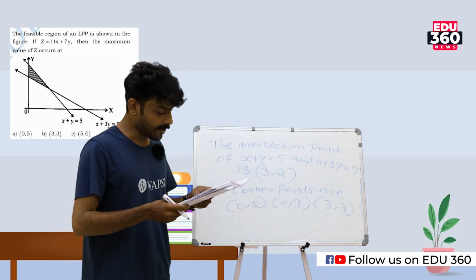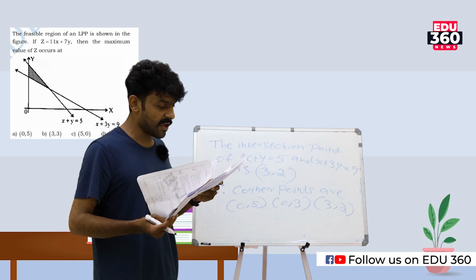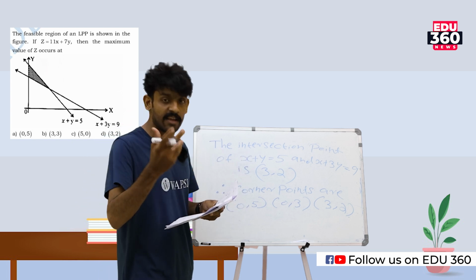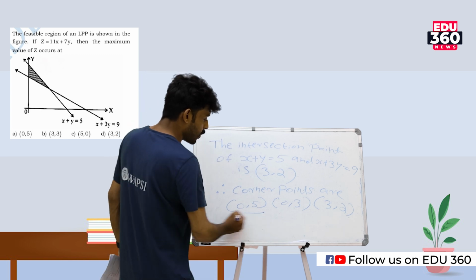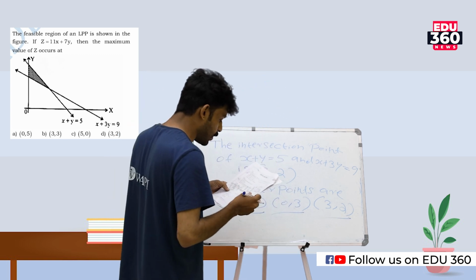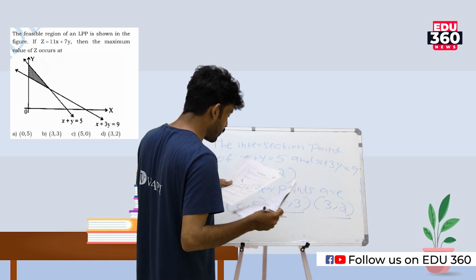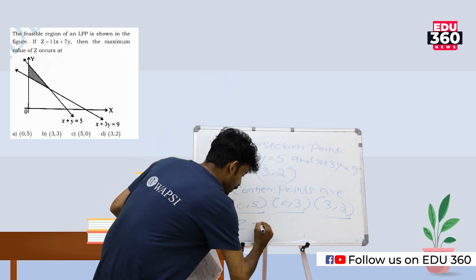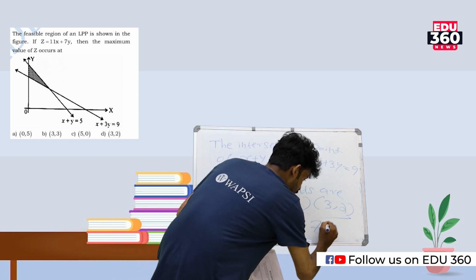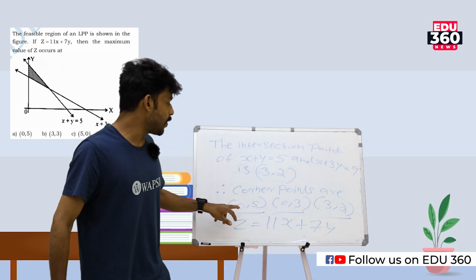Now the question is that we need to find Z maximum, the maximum value of Z. The corner points are 0, 5, 0, 3 and 3, 2. We know that Z is equal to 11x plus 7y. So just substitute the values of x and y.